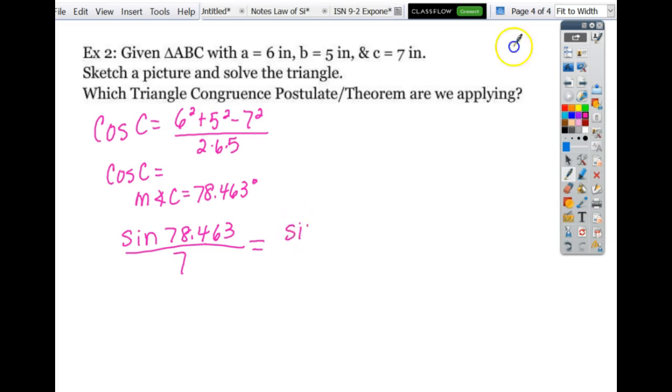So the sine of B. I'm trying to find the angles. That's why I said we're switching to sine to find the rest of the angles now. Cross multiply.